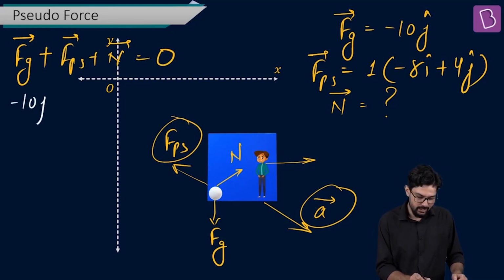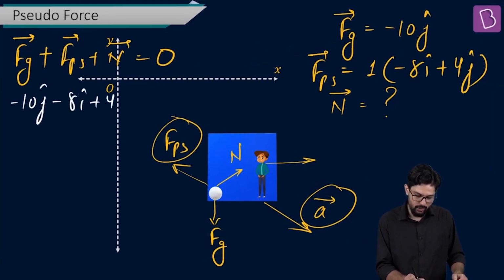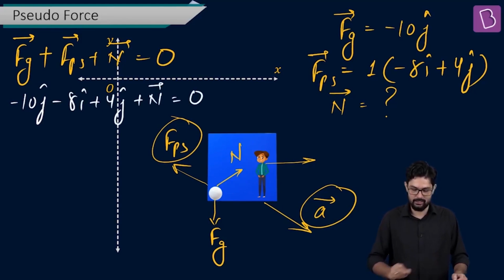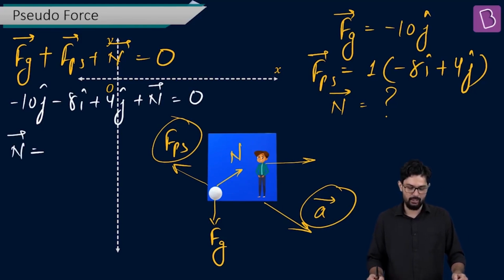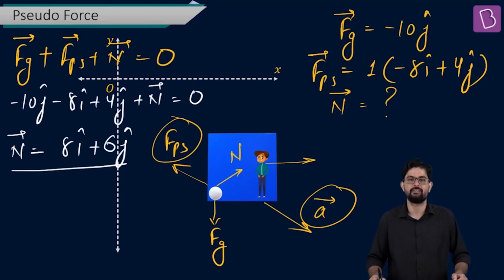This is minus 10j cap plus this is minus 4i cap plus 4j cap, plus the normal reaction force, and this is equal to 0. And from here you get the value of normal reaction in the vector notation as 4i cap plus 6j cap, right?